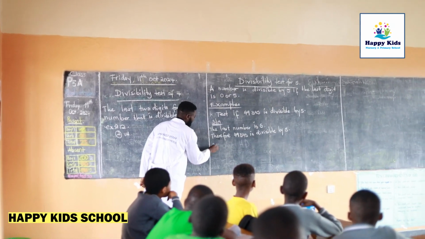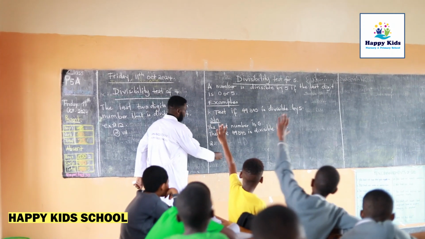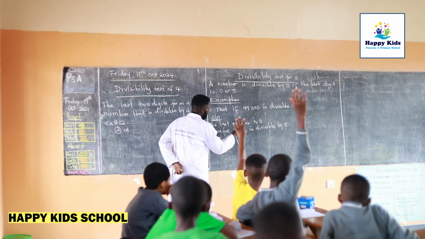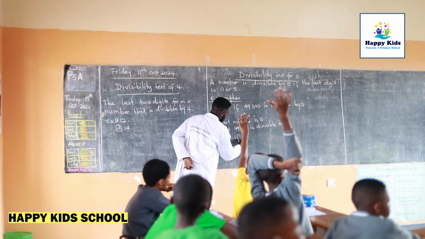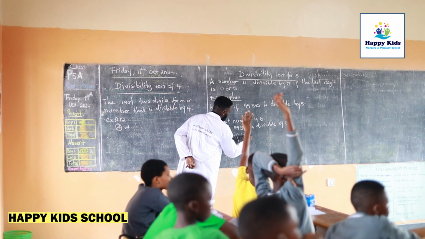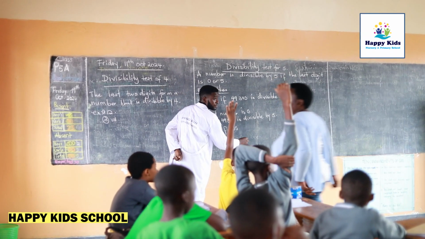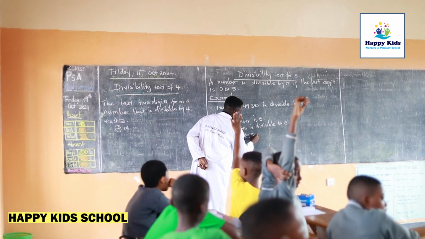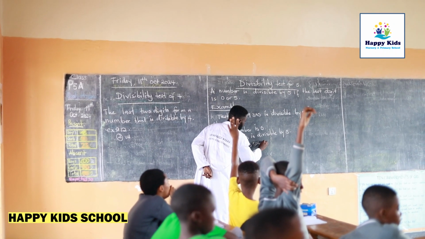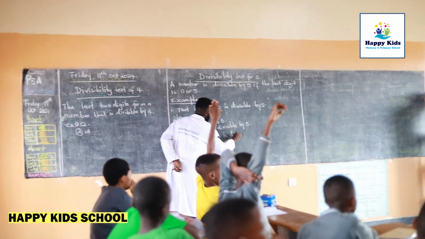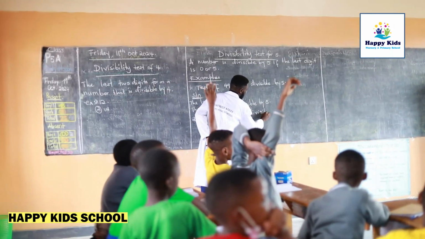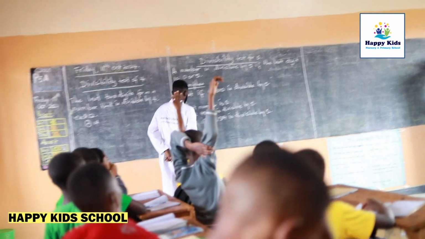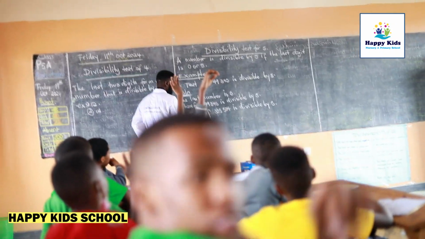Then you can do this next example for us. Test if 305,504 is divisible by 5 without using long division.